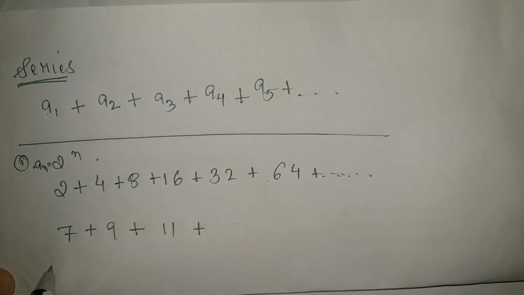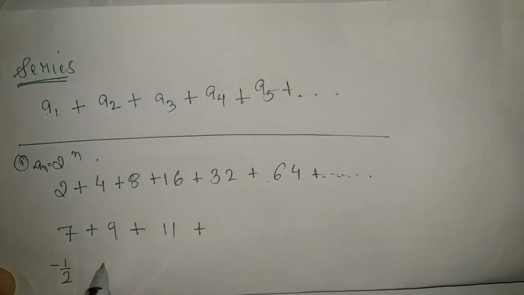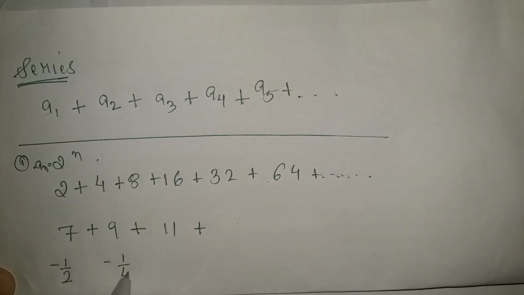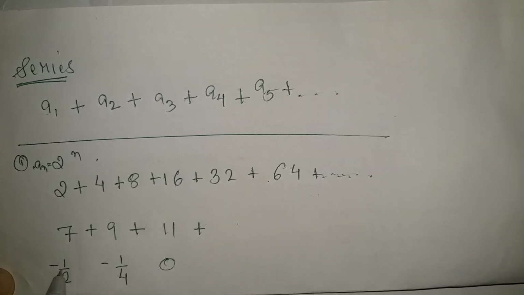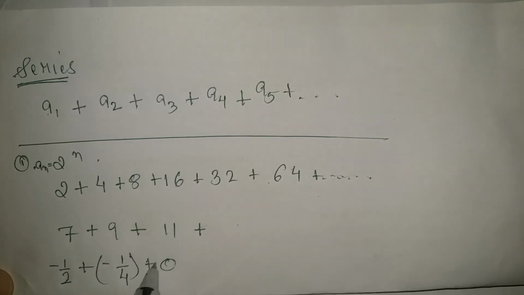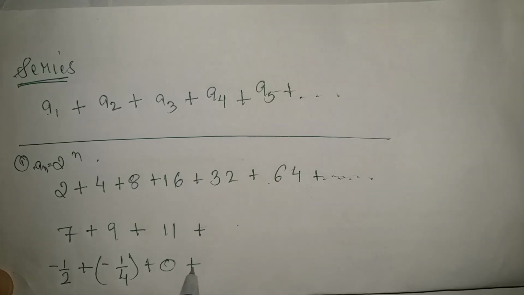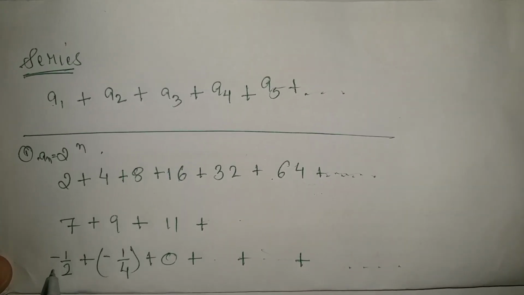Similarly, for the next example, where I get the first term as minus 1 by 2, the second term as minus 1 by 4, and the third term as 0, then my series will be minus 1 by 2 plus minus 1 by 4 plus 0 plus my fourth term plus my fifth term plus my sixth term, and so on. So I have here a series.